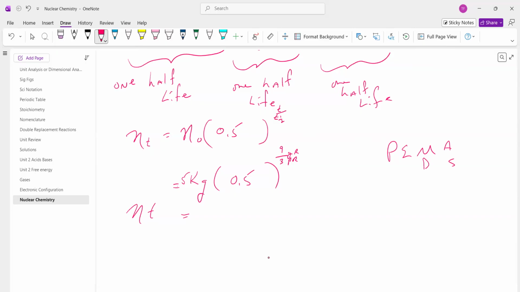So we've got, okay, and 9 over 3 is 3. 9 divided by 3 is 3. All right. So that's what the mass will reduce down to.